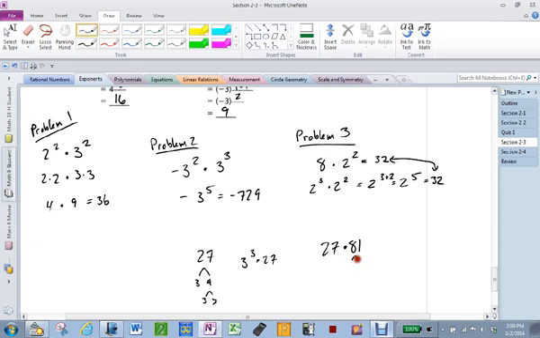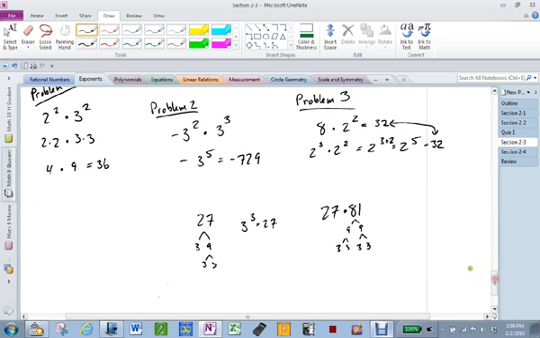And 81, 9 times 9, 3 times 3, 3 times 3, 3 to the 4th. So 27 times 81 is really 3 cubed times 3 to the 4th, which is really 3 to the 7th. Is everyone cool? Oh, and totally mind blown. Everybody good? Can 27 get broken up with 7? No, of course it can't. 7 does not go into 27 at all.